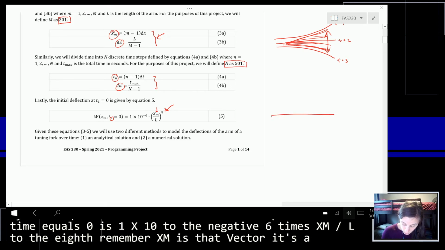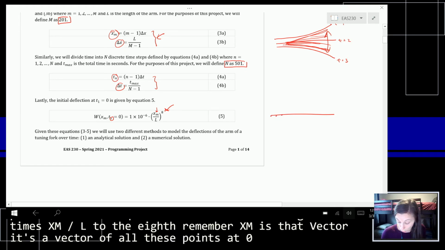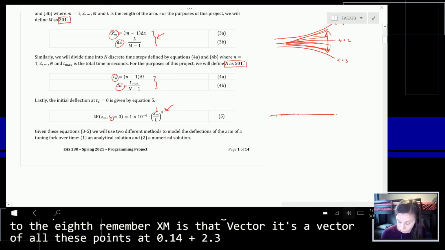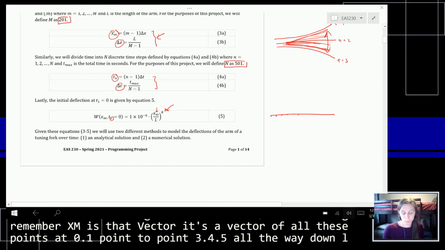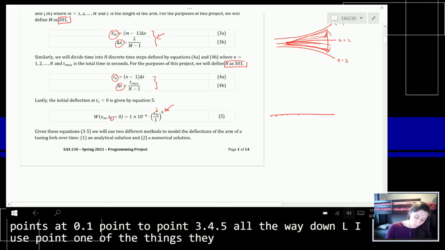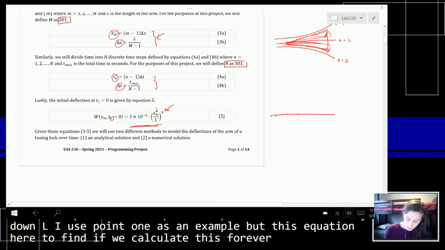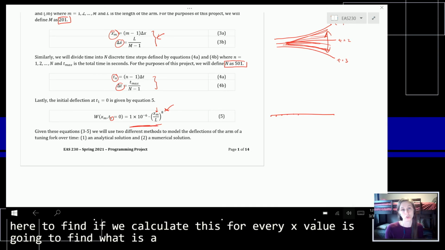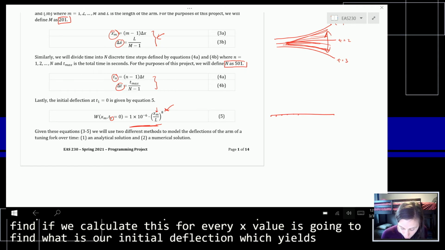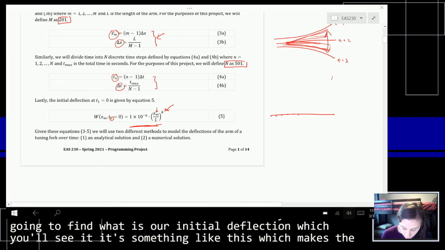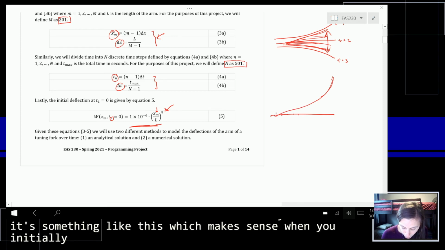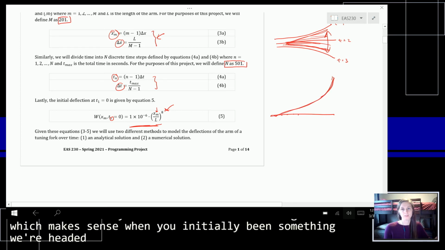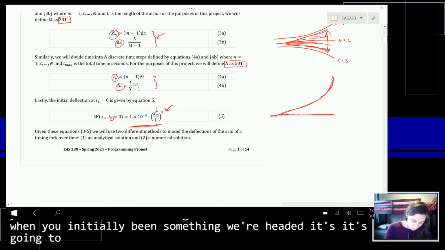It's a vector of all these points at 0, 0.1, 0.2, 0.3, 0.4, 0.5, all the way down to L. I used 0.1 as an example. But this equation defines, if we calculate this for every x value, what our initial deflection is, which you'll see is something like this, which makes sense. When you initially bend something or hit it, it's going to bend like that.